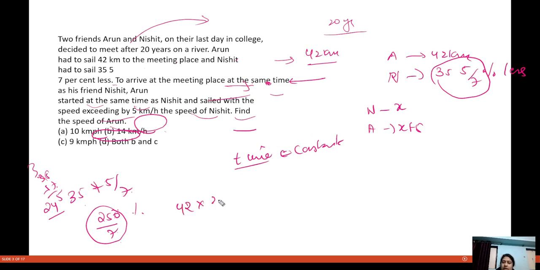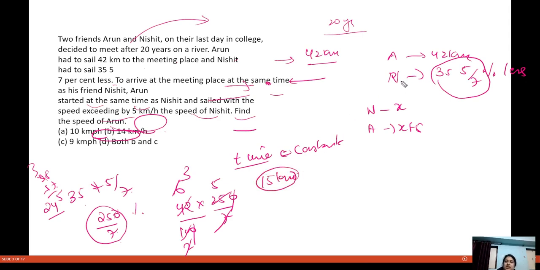So 42 into 250 by 7, you will get 6. But wait, you have to divide this by 100 as well. So this will come 5 times, and this will become 2 times, and this will become 3. So this is coming to be 15 kilometer.